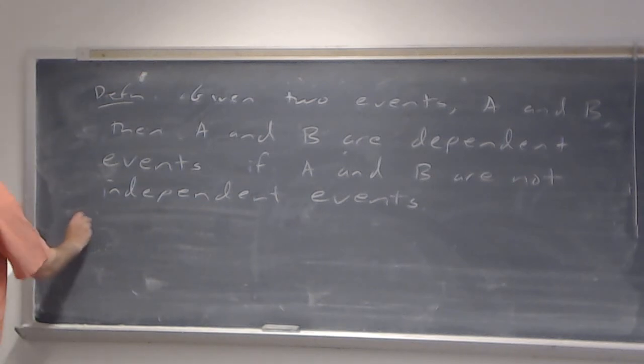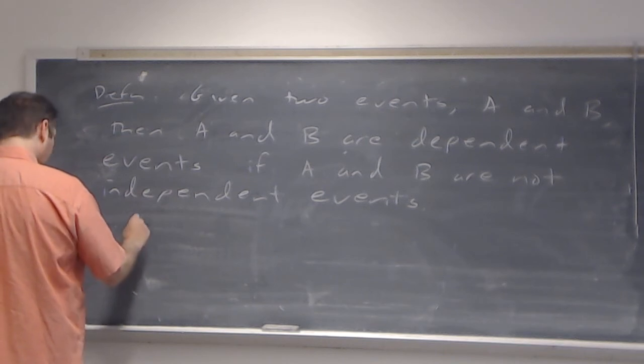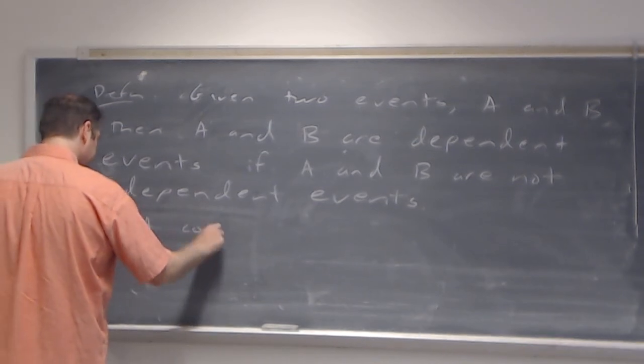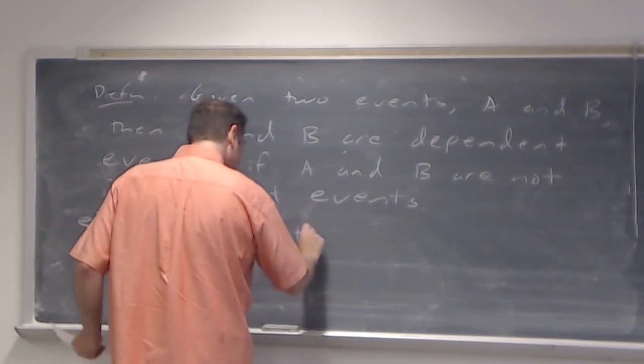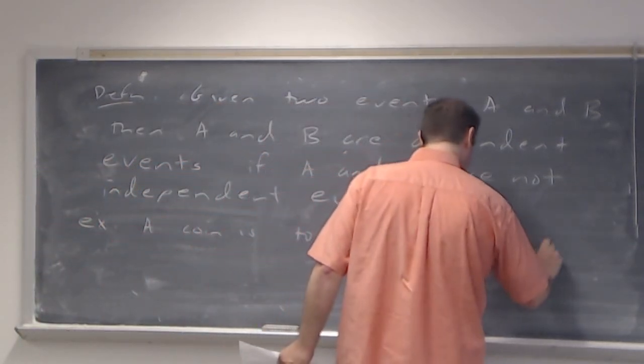Okay, so the first example is that a coin is tossed and a die is rolled.